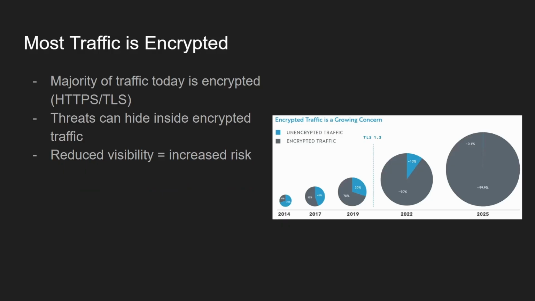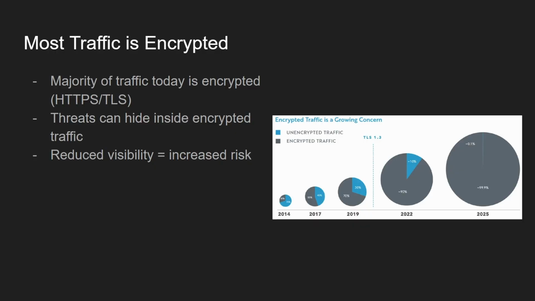We talked about how a huge percentage of traffic today is actually encrypted. That's the challenge today as network and security administrators. Talking about unencrypted traffic, like the postcard, that is easy to inspect. But most of the traffic today is not like that. It's encrypted.